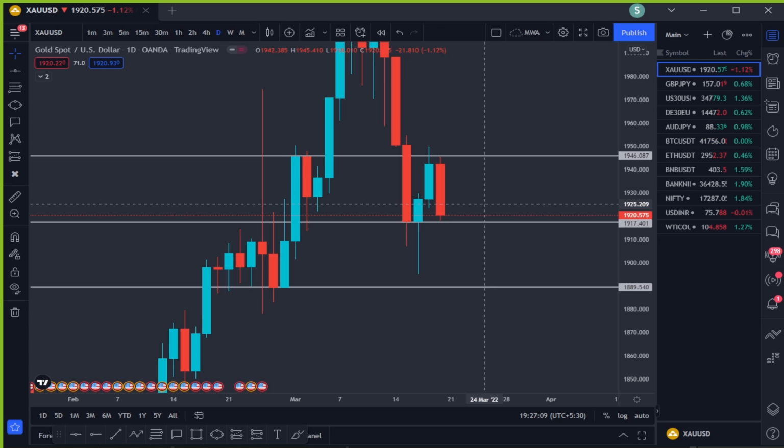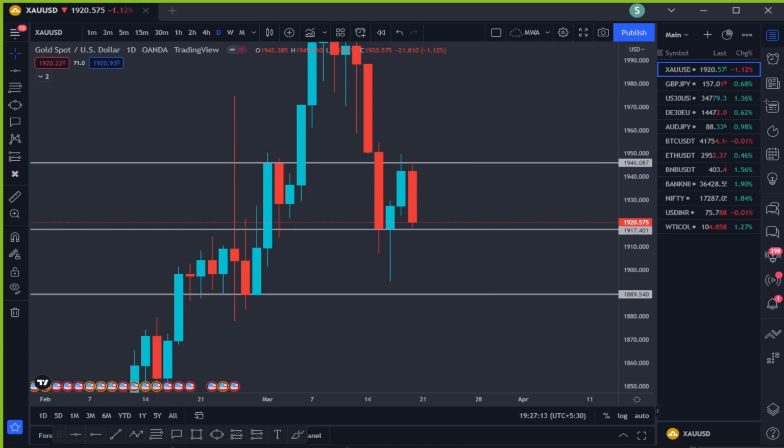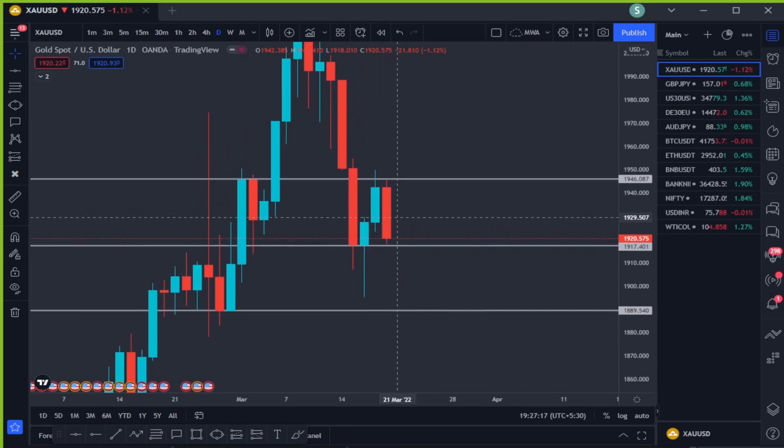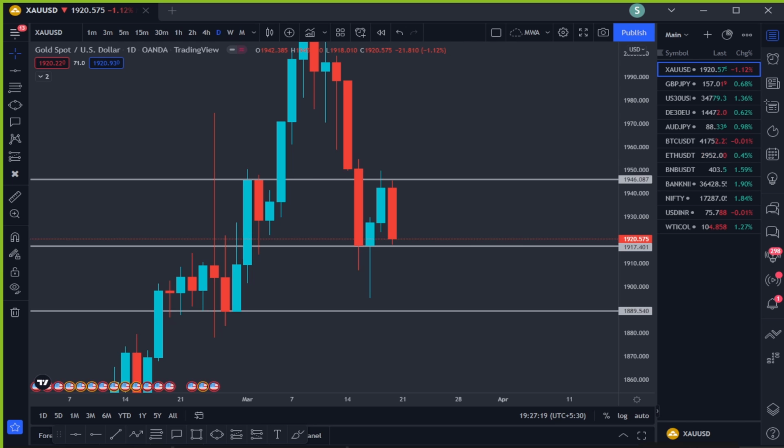So depending upon which side we get a breakout on the daily candle, it comes down to this. Suppose we get a breakout to the upside like this, then we expect the price to continue higher to the next resistance, which is going to be in this area.